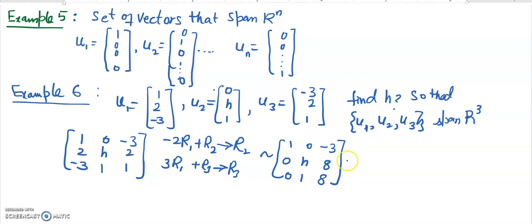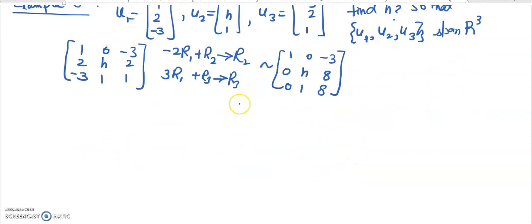Okay, so further we can make this entry 0. Our row operation will be minus 1 over h times r2 plus r3, resulting in the new row r3.